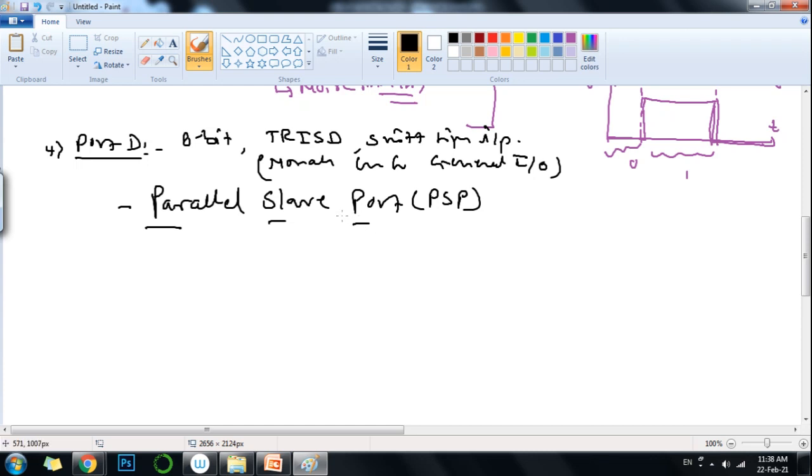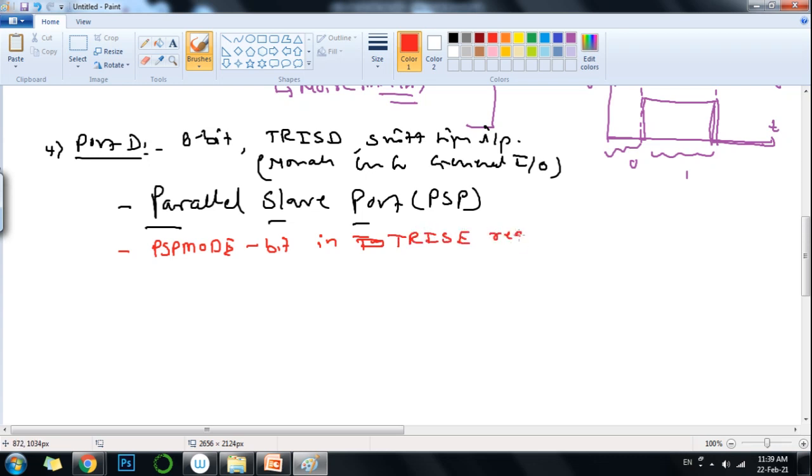Now the question is how to operate this port as PSP. There is a bit, the PSP mode bit, in the TRISE register.